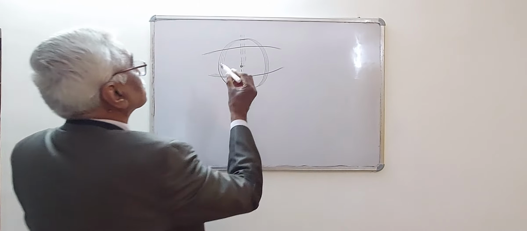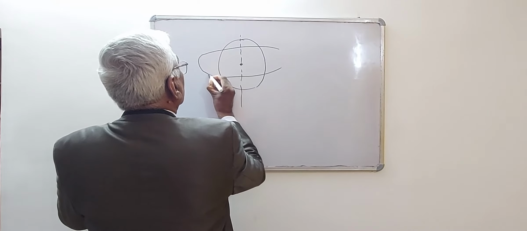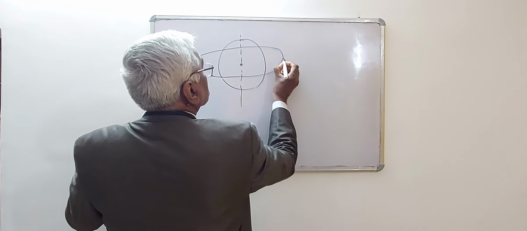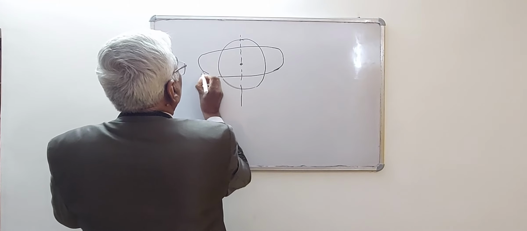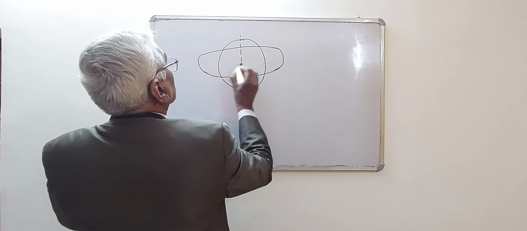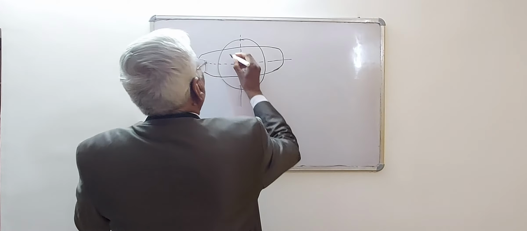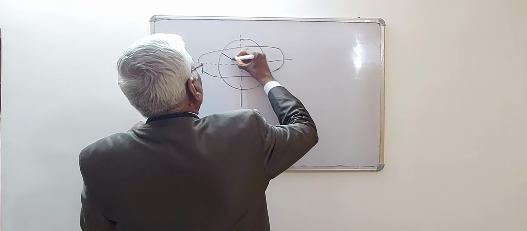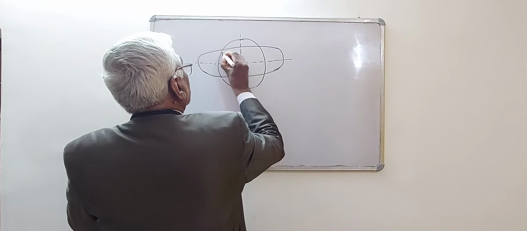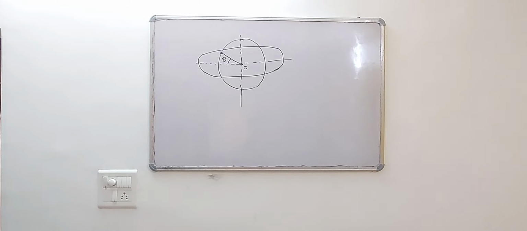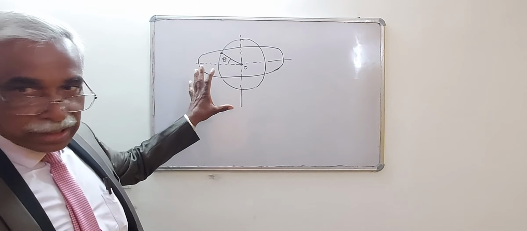So this is O, this is theta. This type of diagram is known as a polar diagram.